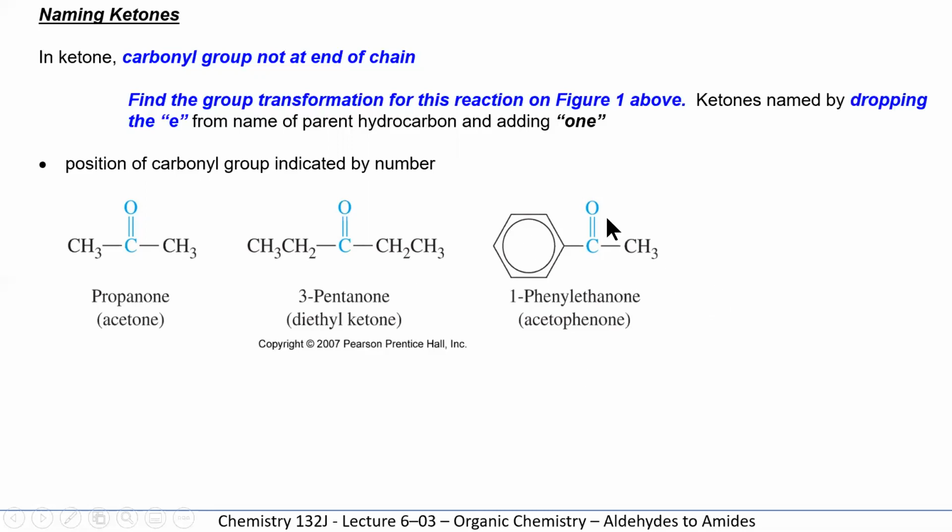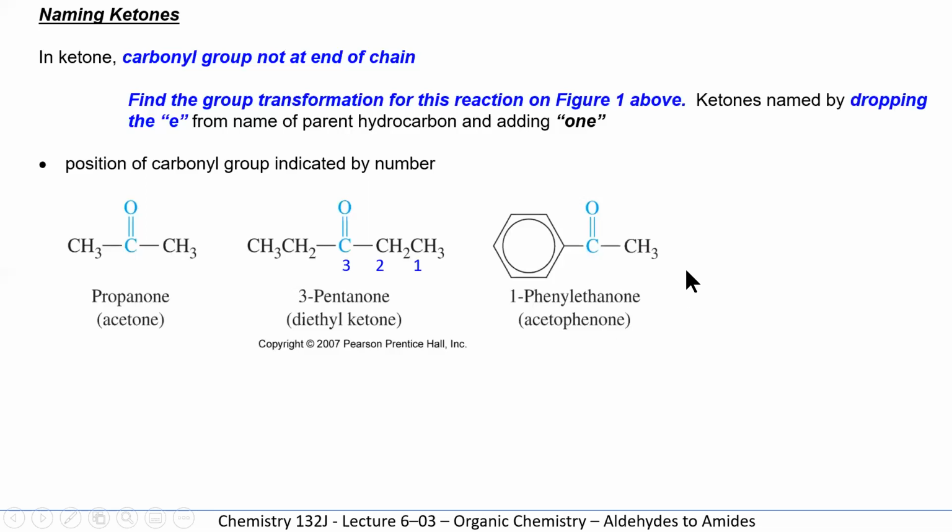And in this example on the far right here, we have a 2-carbon chain. So it's an ethanone, and we have a phenyl group or a benzene ring attached to the end carbon. So we call it 1-phenyl ethanone. This is carbon 1 because that's where the functional group is. This is carbon 2. Hence the name 1-phenyl ethanone. We could have a 2-phenyl ethanone with the phenyl group attached to the other carbon.